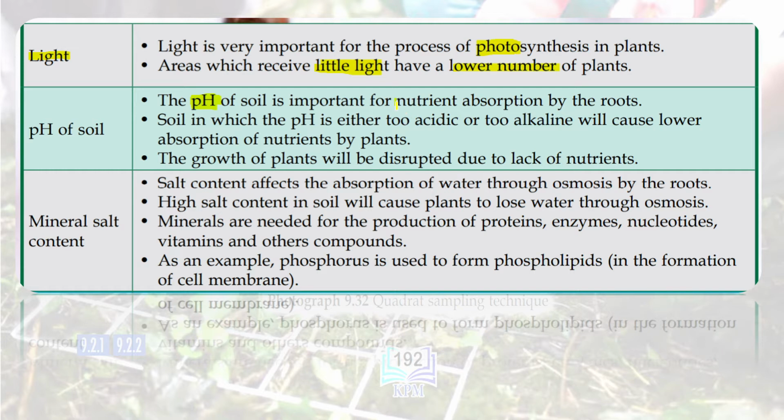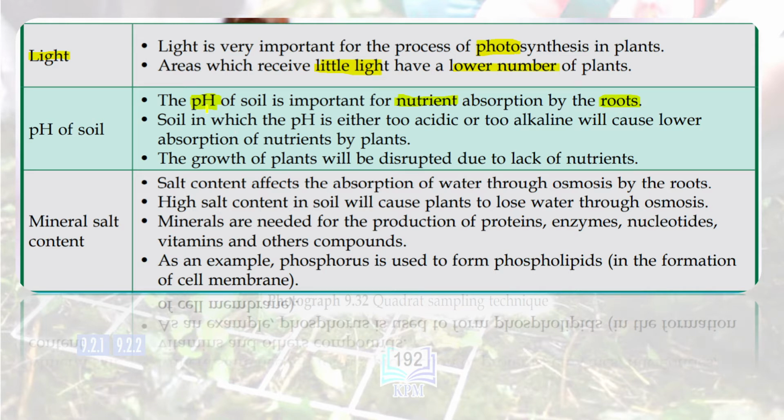Okay, and this one we're talking about plants. So pH, tanah untuk tumbuhan, because we know the plants has to be rooted. Nutrient absorption is through the roots. Nutrients and also water absorption is through the roots.